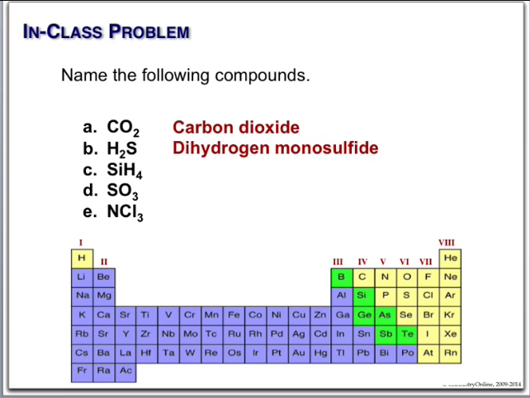One silicon. So silicon is our first word, right? Our multiplier for 4 is what? Tetra. So this is hydrogen, that becomes hydride. So this is silicon tetrahydride.